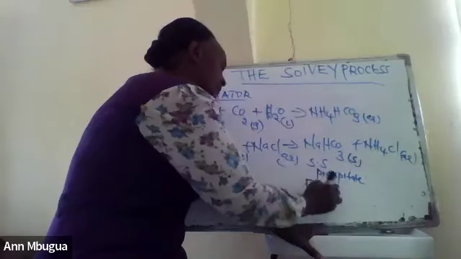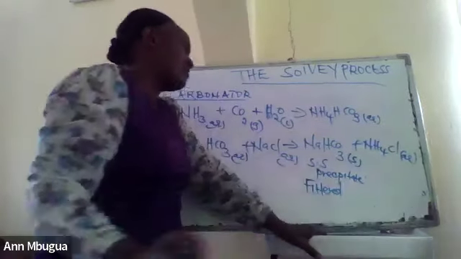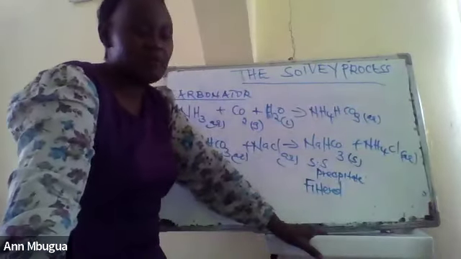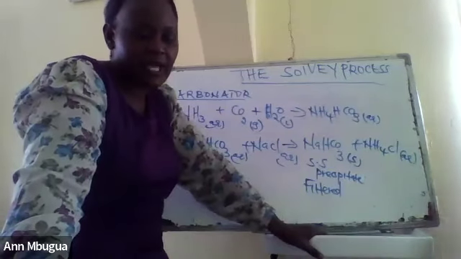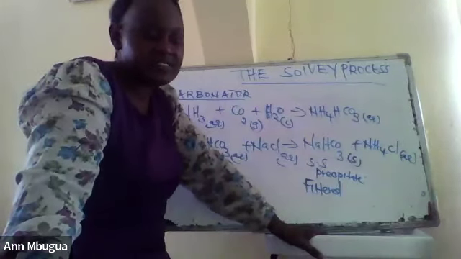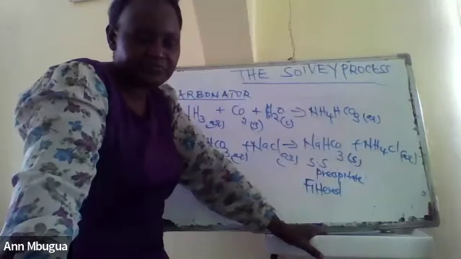It is filtered as a precipitate, while ammonium chloride remains in the solution.